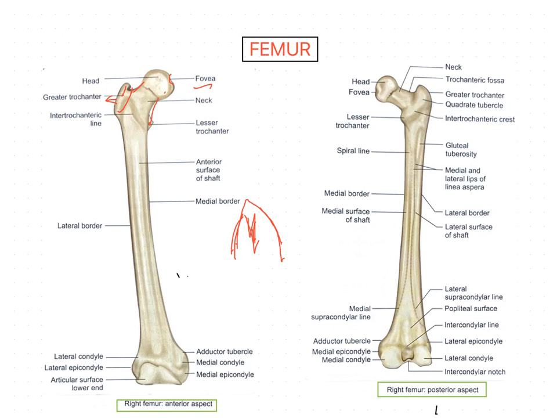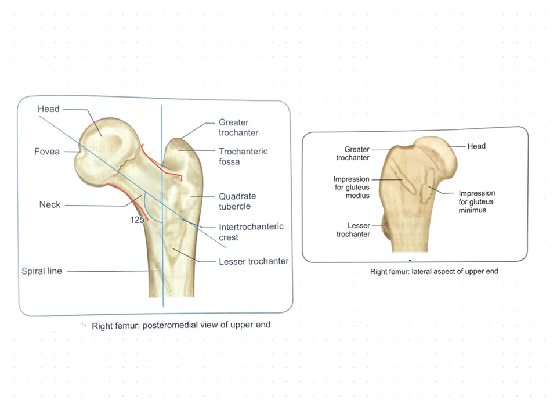Here again we can see, so this is the lateral view, and this is the greater trochanter. On the lateral aspect it is having an oblique ridge, which is present on the lateral surface of the greater trochanter.